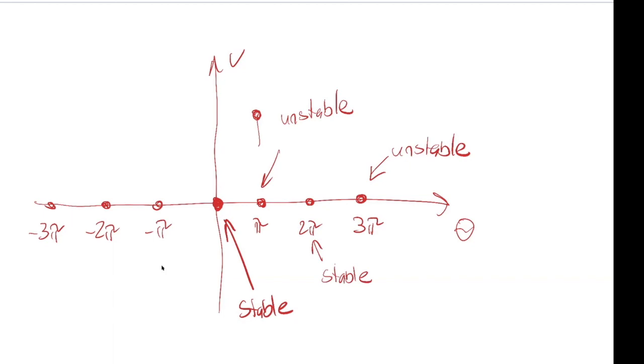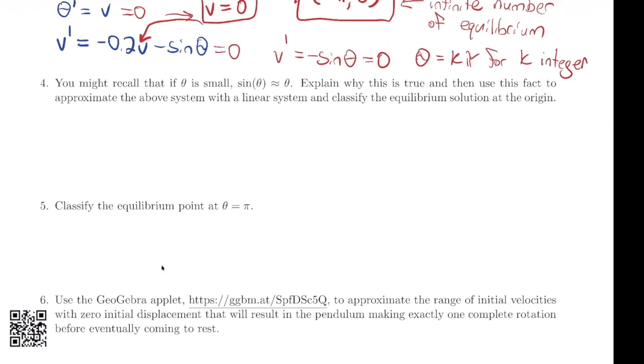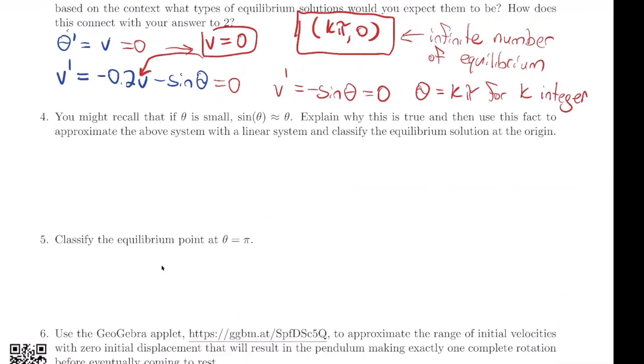When it's even, that means it's in its bottom position. That's very stable. And so what we'd like to do is be able to piece together the dynamics in the full phase plane. Okay, any questions so far?